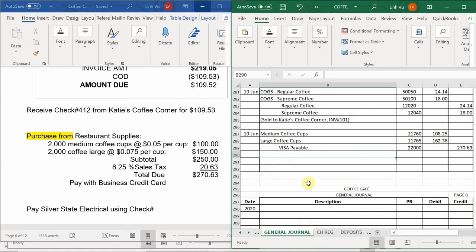Description or notes. I'm sorry, can you go back to the formula again? It's equal round, parenthesis, 100 times 1.0825, comma 2. And then the second one: I just took the total amount, which is the 270.63, and I subtracted the 108.25.